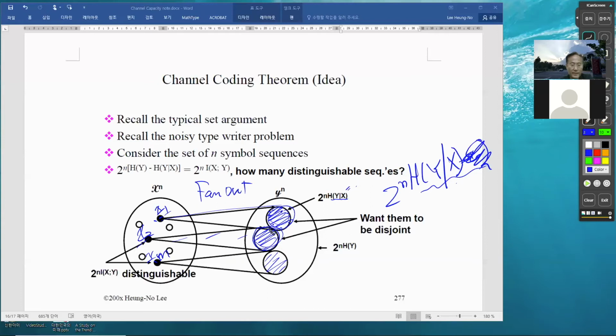In such a case, it is difficult to distinguish what the input was given the output, right? Because we have overlaps.